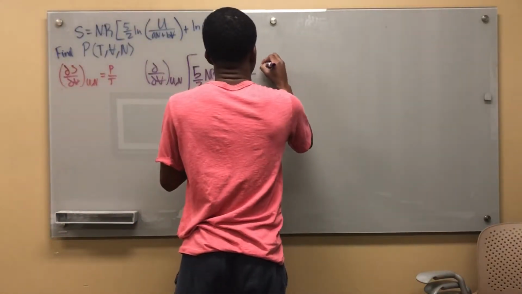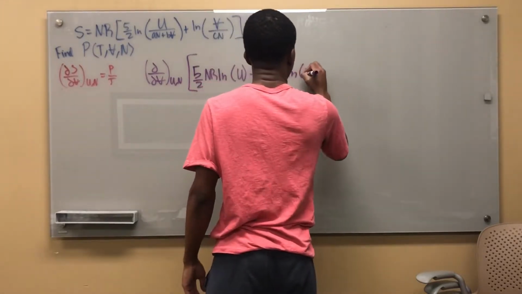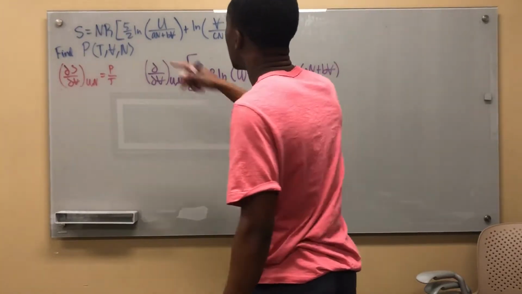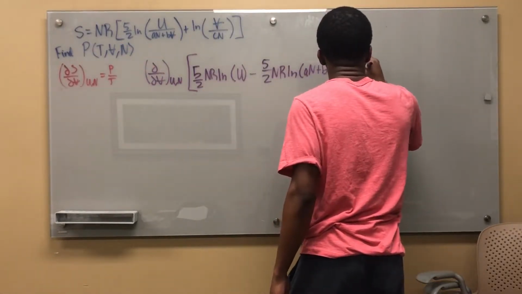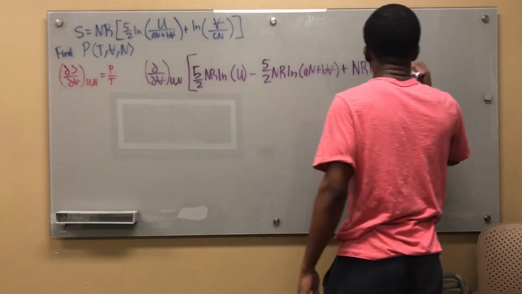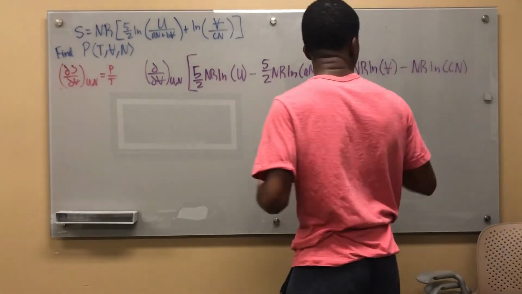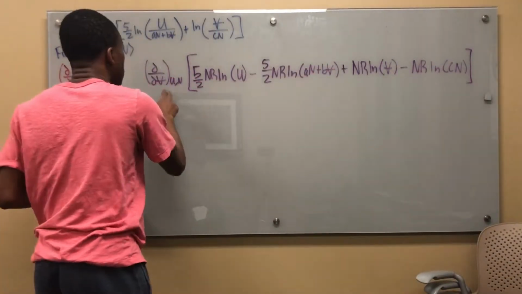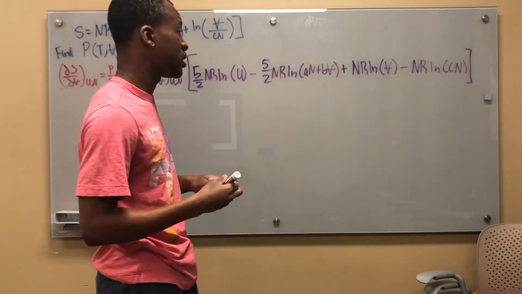So I'm going to say minus 5 over 2 nR ln of an plus bV, is equal to, I distribute this nR but not that 5 over 2, or plus rather, nR ln of V minus nR ln of cn. Cool, that's this whole thing here. Now, I'm holding U and n constant, and I know that a, b, and c, and R are constants.